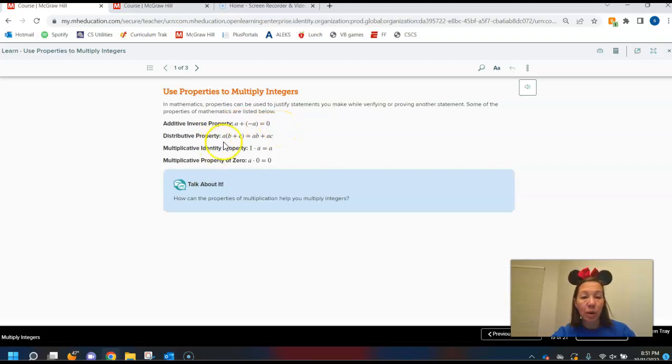The distributive property, if I have the quantity a times b plus c, then this is the same as ab plus ac. We would just multiply a times b and a times c. And there's another property, the multiplicative identity property, 1 times a, anything times 1 equals itself. And the multiplicative property of 0, you guys know that anything times 0 equals 0.